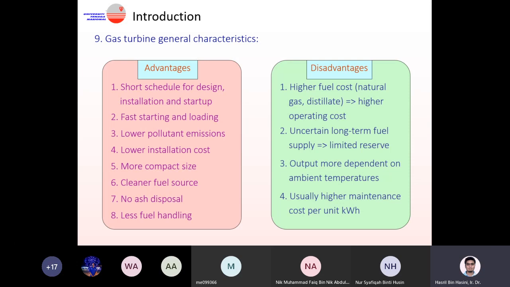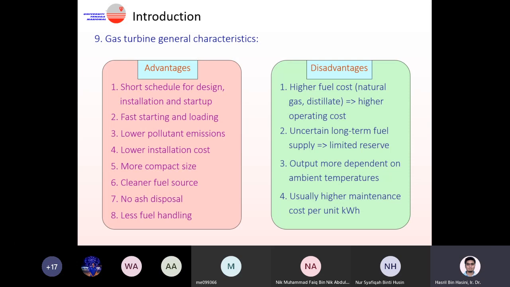We have cleaner fuel source, because they are not firing coal, they are firing clean fuel. Clean fuel, you can say natural gas or distillate fuel. No ash disposal, so we don't have any supporting system to treat the ash, and also less fuel handling.